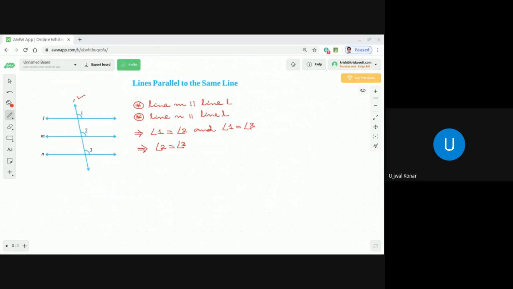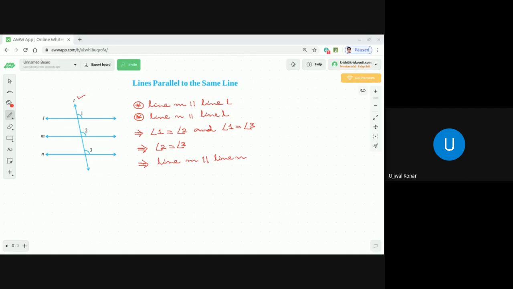So what we can say is that line M is parallel to line N. When we say that line M is parallel to line N, we conclude that from the converse of the corresponding angles axiom, dear students.